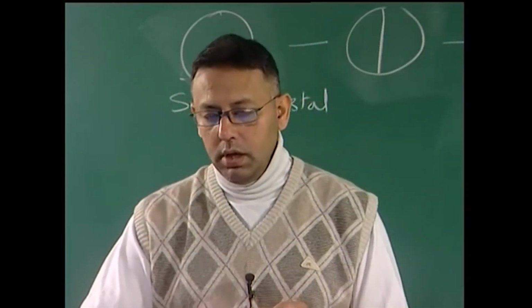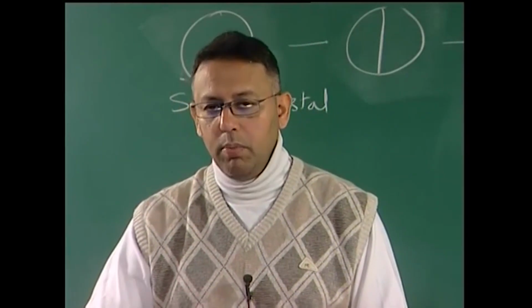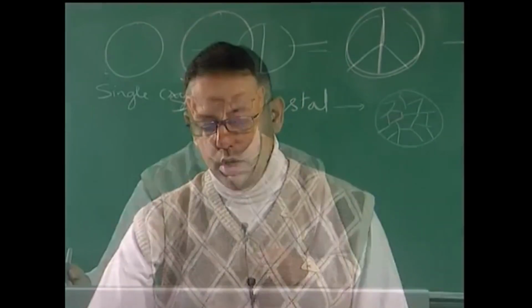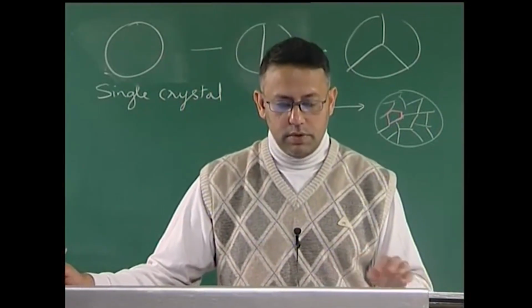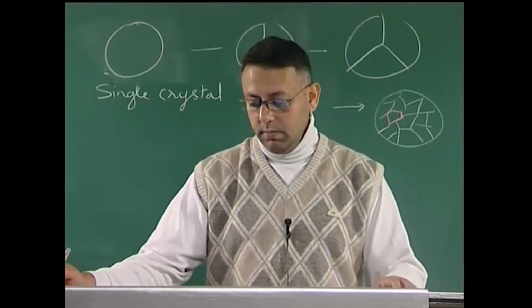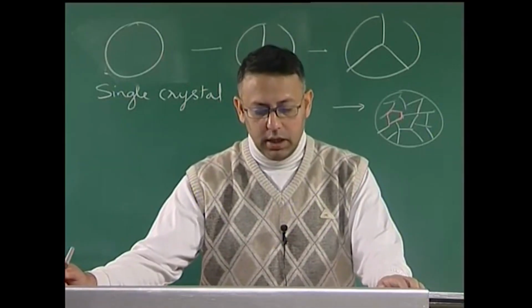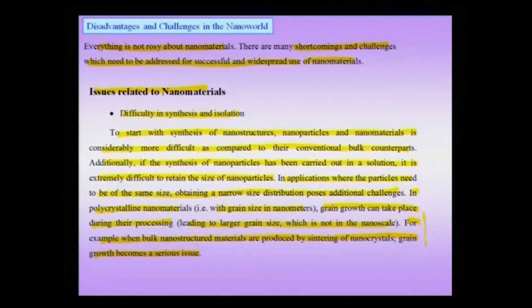And when I am trying to sinter, obviously I am exposing the material to high temperatures. So, this will lead not only to sintering of the particles, but also it may lead to, for instance, loss of nanostructure, and this means that certain conventional techniques may not be suitable for making nanostructured materials.